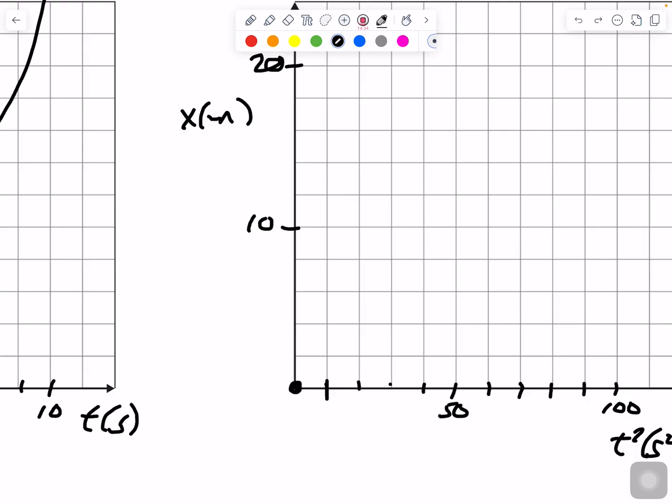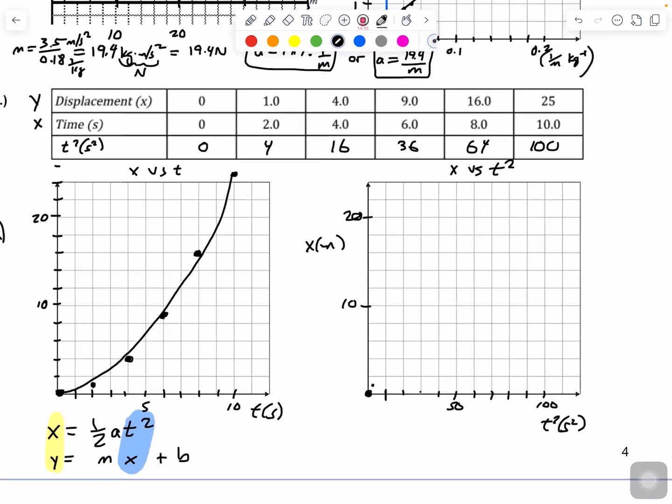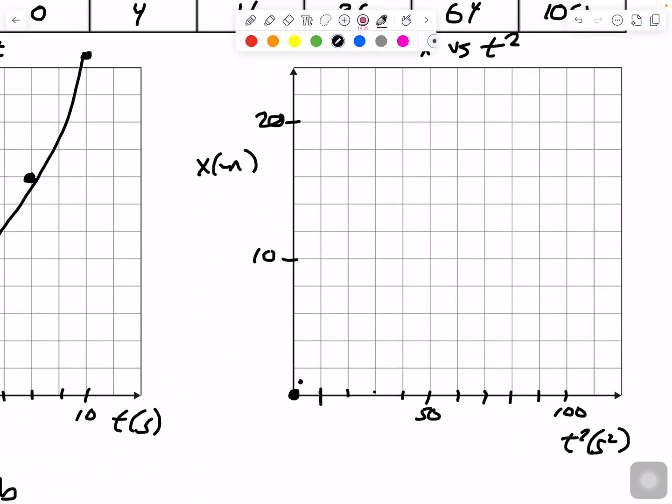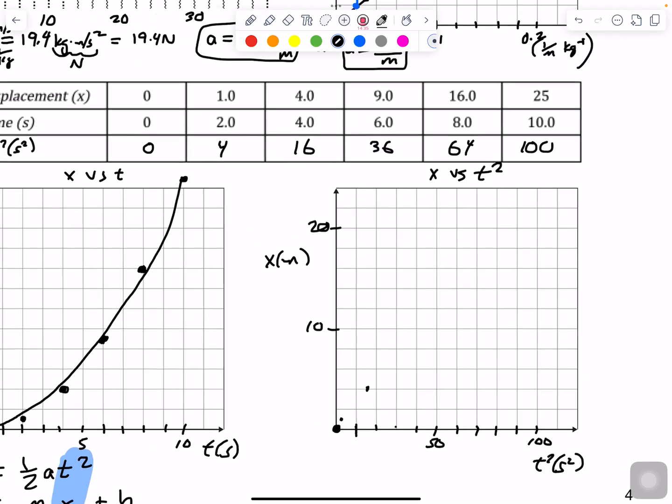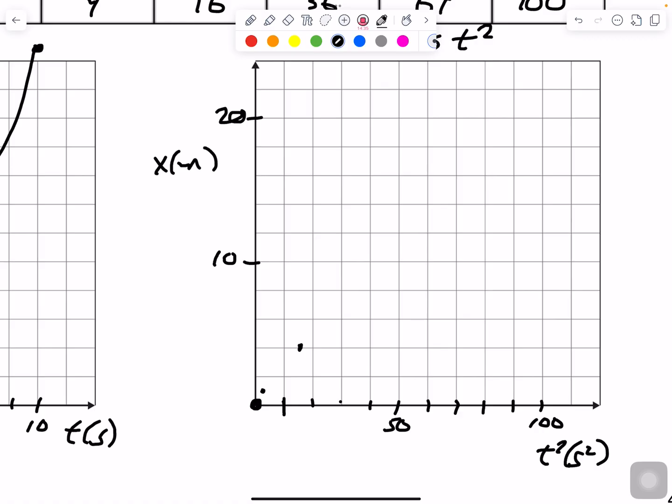So let me replot that. So there we go, over 16. So that'd be part way up 4. So over 16, up 4, kind of like right there. Then we're going to go over 36, up 9. Okay, where's 36? Well, this is 30, this is 40, 35, 36, up 9 would put it right there.